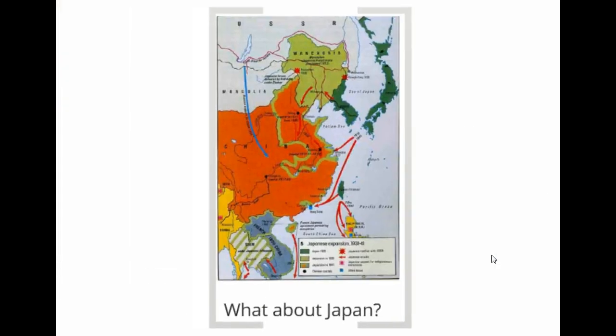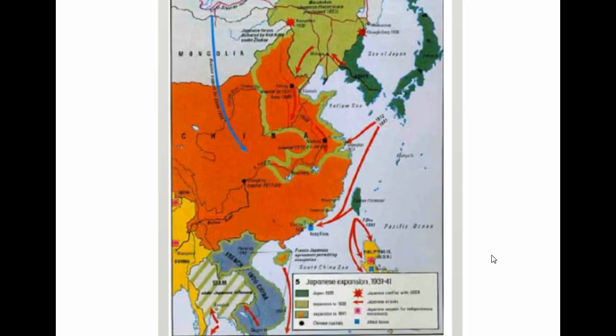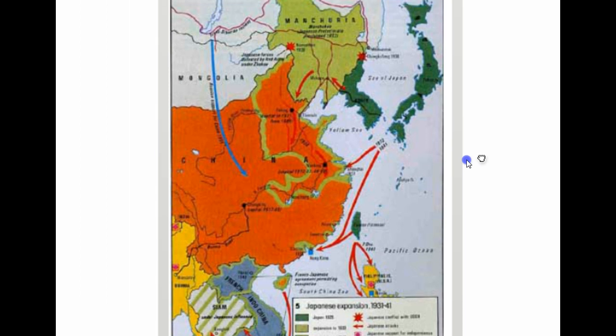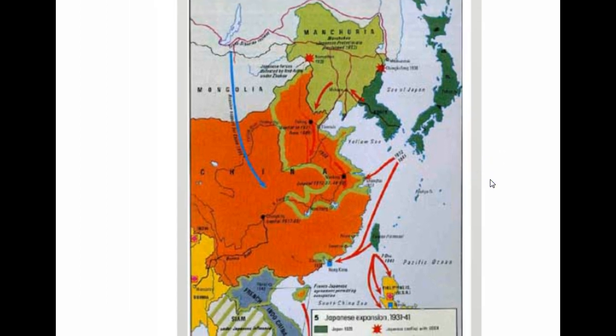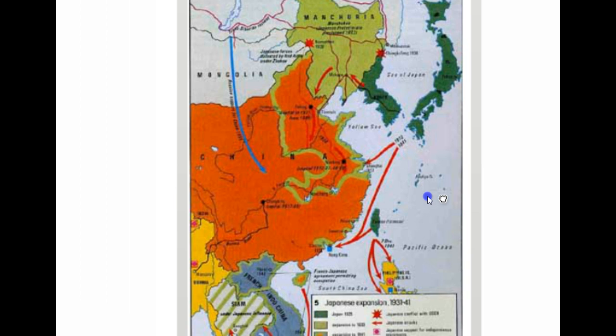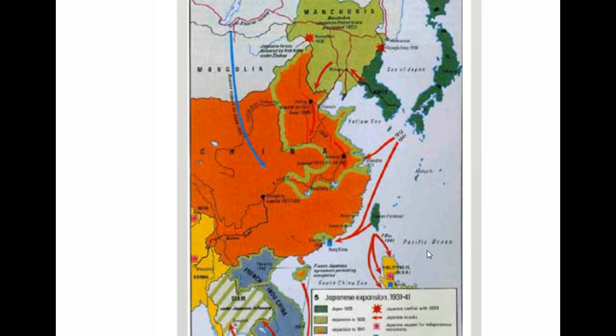But let's take a moment and turn our attention to the other side of the world. Japan, of course, had been watching what was going on in Europe and was actually, I suppose, rather pleased, because much of the area on this map were British and French colonies, which Britain and France were not in a position to defend. So Japan now moves in and begins to take territory over.